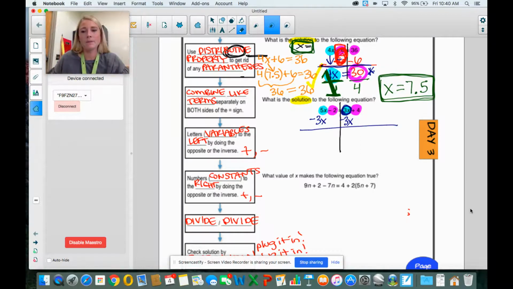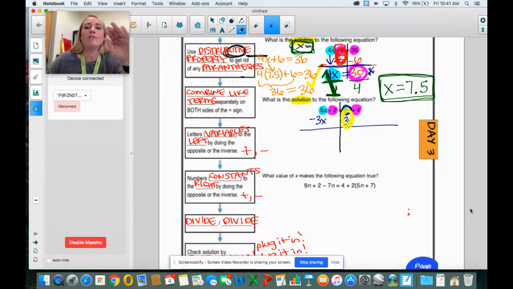3x minus 3x gives me a big fat 0. Those cancel out. And then I've got 5x minus 3x. This is exactly like when we combine like terms. I don't know what the x's are, but that's okay.